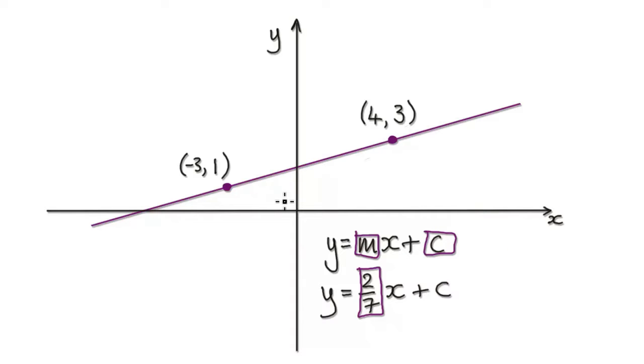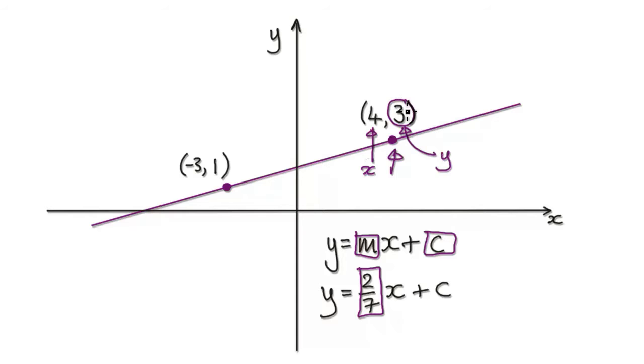To work out c, you pick any point on the line. It can be this point or this point. Let's pick the easiest of the 2 points and avoid negatives. So I'm going to pick this point here. This is our x, and this is our y.